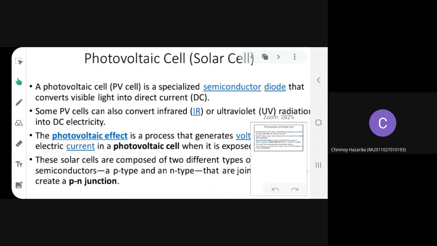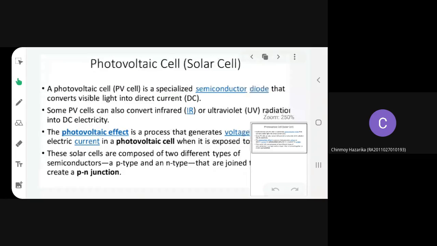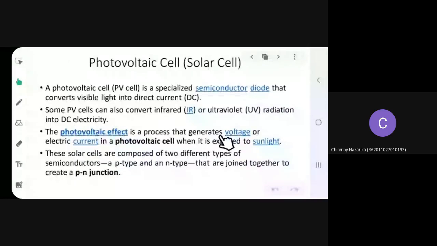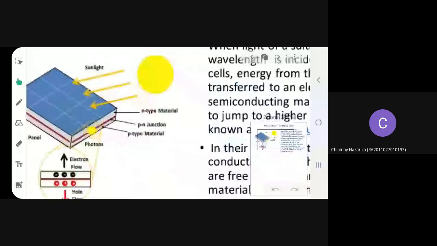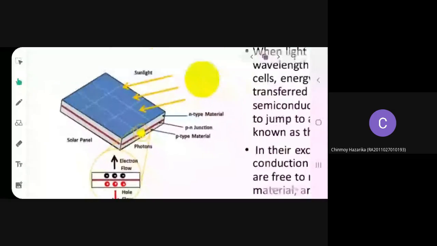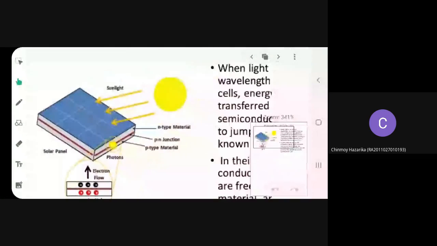Now how that is done is, it converts sunlight to electrical energy. This cell will be exposed to sunlight, and it is similar to a PN junction diode only. So sunlight falls on this device. What will happen?